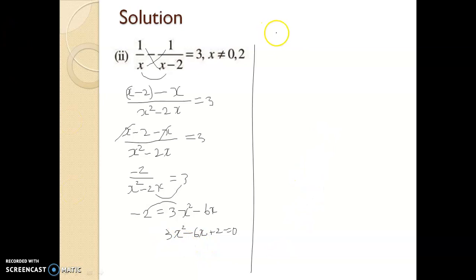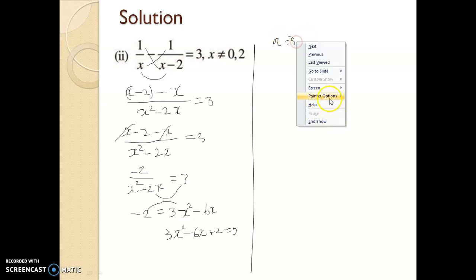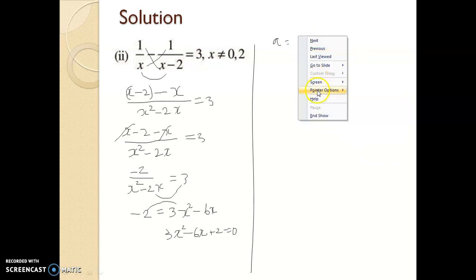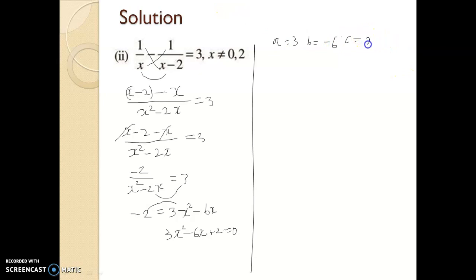Okay. So if you use the quadratic formula, a equal to 3. A value 3, and what is b value? So b equal to minus 6 and c value is 2.